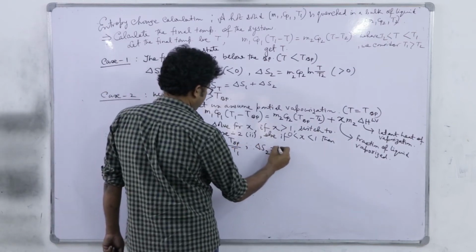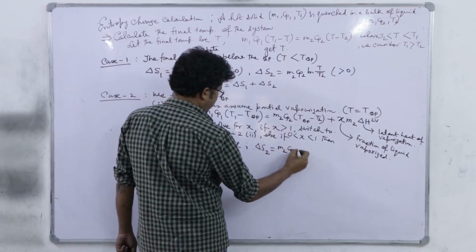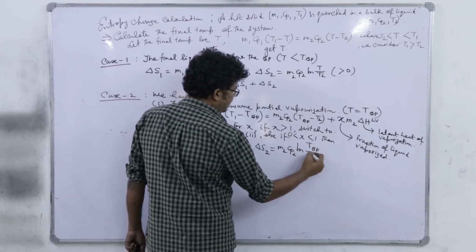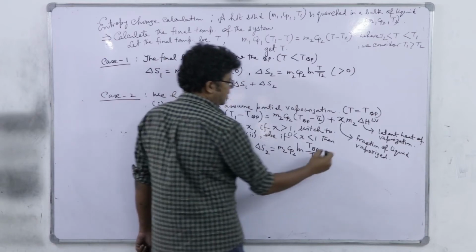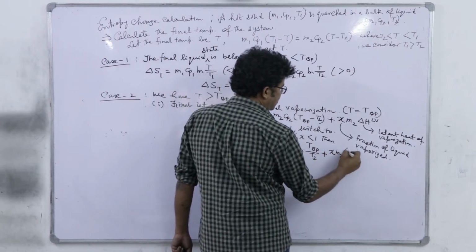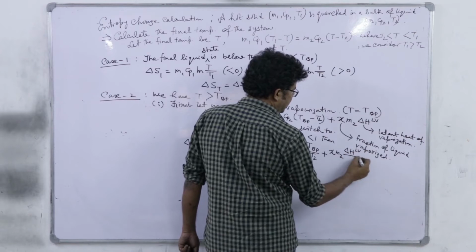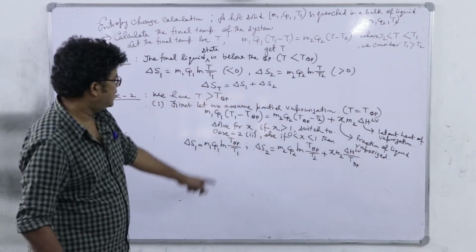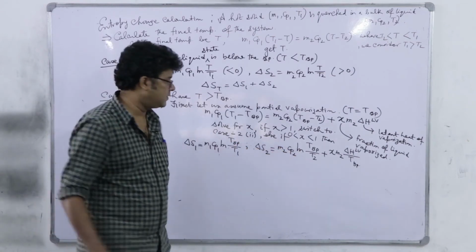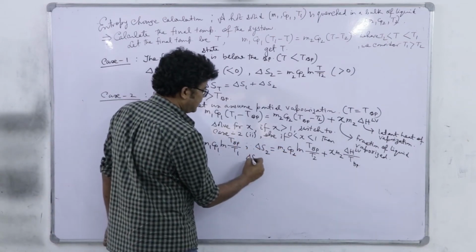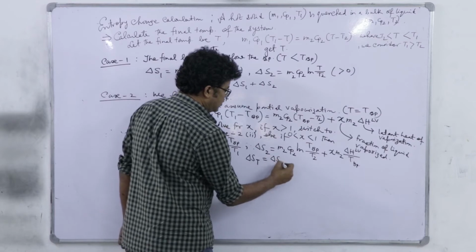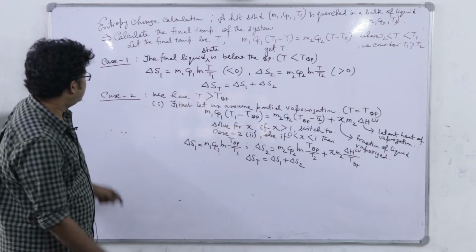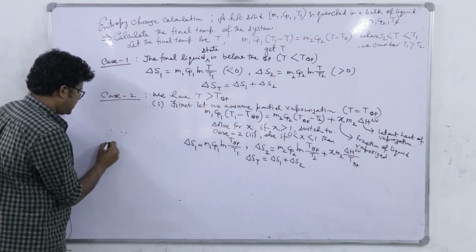Delta S2 we can calculate as M2 CP2 ln of TBP by T2 plus X into M2 delta H LV divided by TBP, right? This is negative, this will be surely positive, and obviously we have delta ST equal to delta S1 plus delta S2.